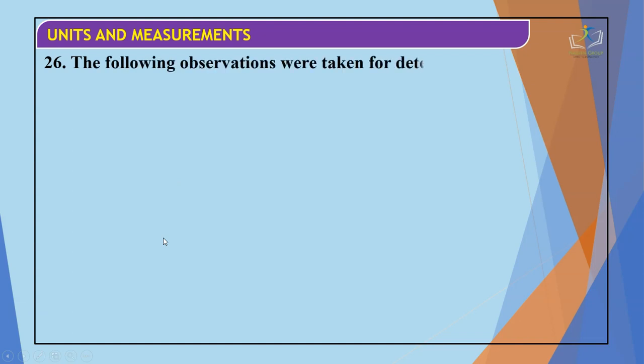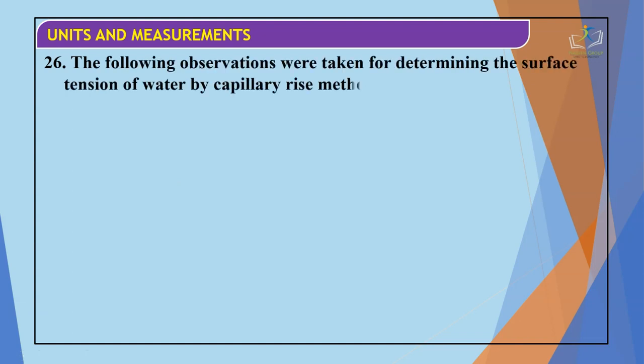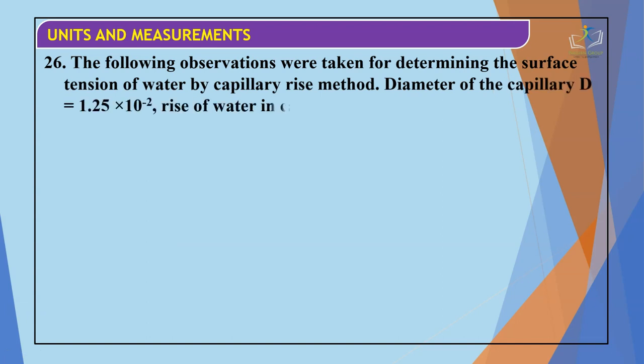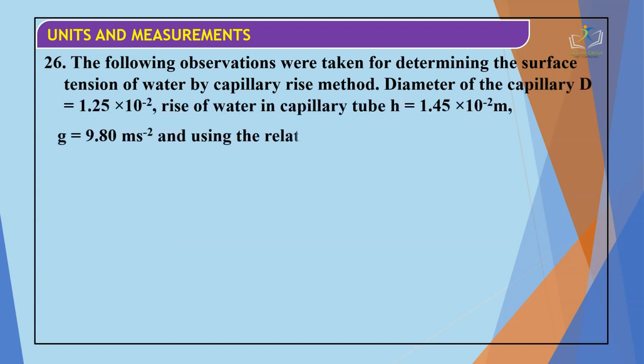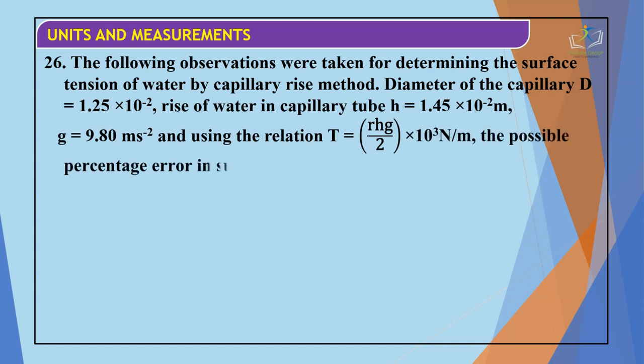Next question we have: the following observations were taken for determining the surface tension of water by capillary rise method. Diameter of the capillary D is equal to 1.25 × 10 to the power minus 2. Rise of water in capillary tube H is equal to 1.45 × 10 to the power minus 2 meter. g is equal to 9.80 meter per second square, and using the relation T is equal to rhg by 2 × 10 to the power 3 Newton per meter.